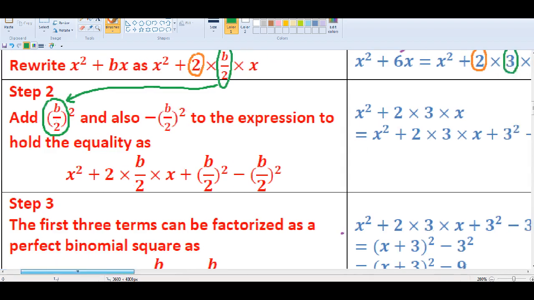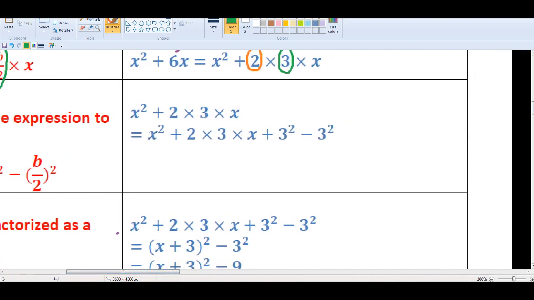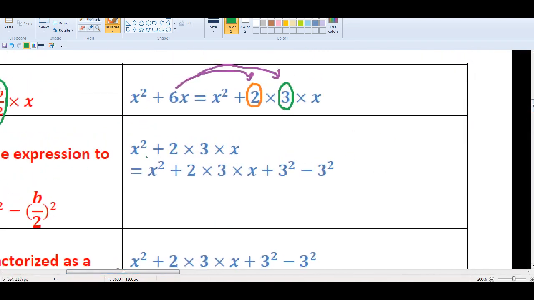Just like here, when we got x squared plus 6x, we rewrite it into x squared plus 2 times 3x. We focus on that 3. Still remember how we got that 3? You rewrite 6 into 2 times 3, so that 3 is important here.